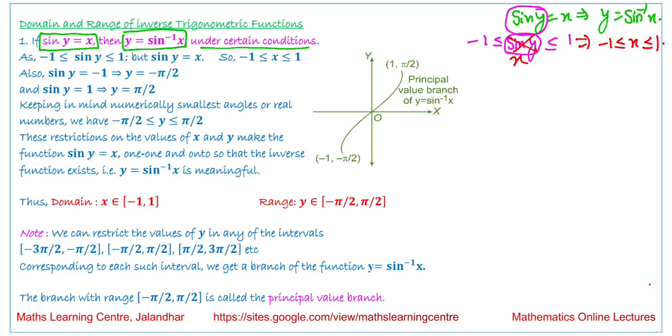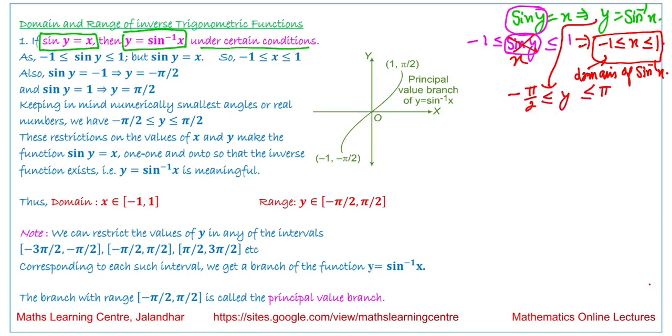This we have already seen from our graph in the previous slide, and this represents the domain of sine inverse of x. And when we talk about the codomain, the range of this function, if we are talking about the principal values, then minus pi by 2 is less than or equal to y is less than or equal to pi by 2.